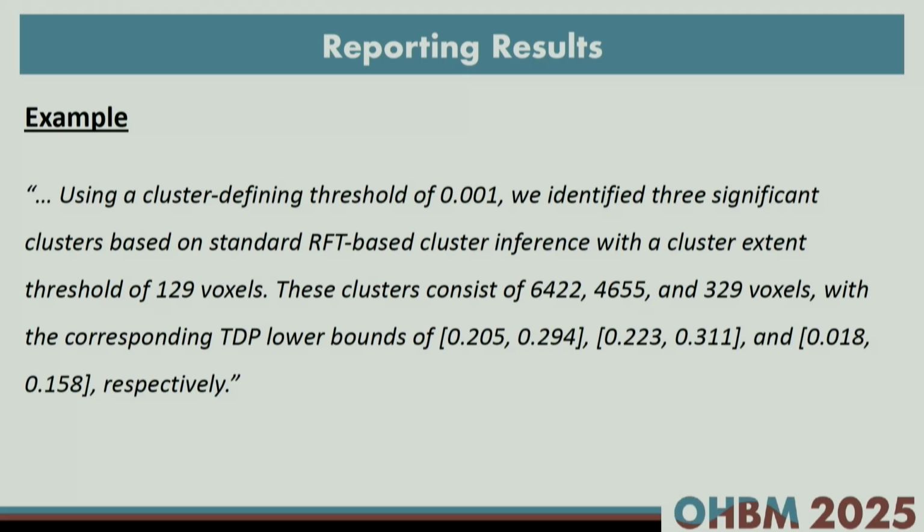Here we got 129, and for each of these three significant clusters, please report both the conservative bound and the approximate bound. Then in addition to rejection or not, we will be able to give a more detailed interpretation of the activation for each of these significant clusters.